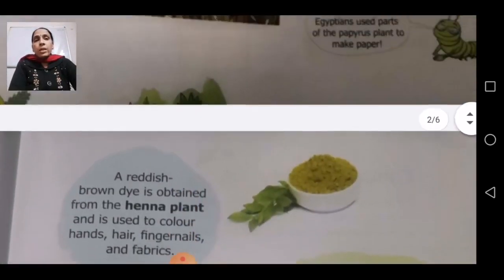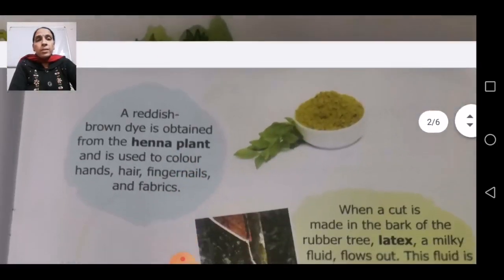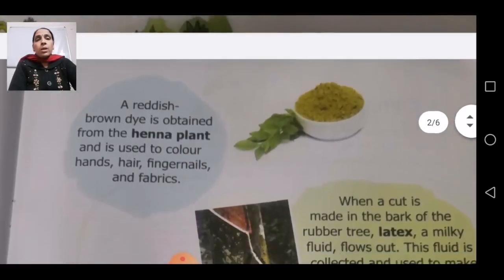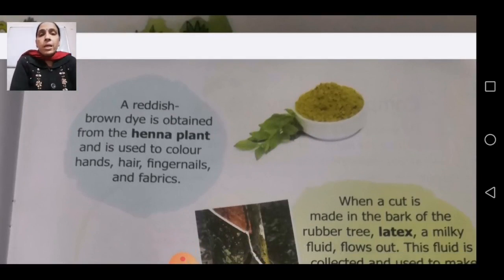Now we'll come to the next plant, that is the henna plant. A reddish brown dye is obtained from the henna plant. The henna plant is most commonly seen in your surroundings. In Hindi it is called mehendi plant.